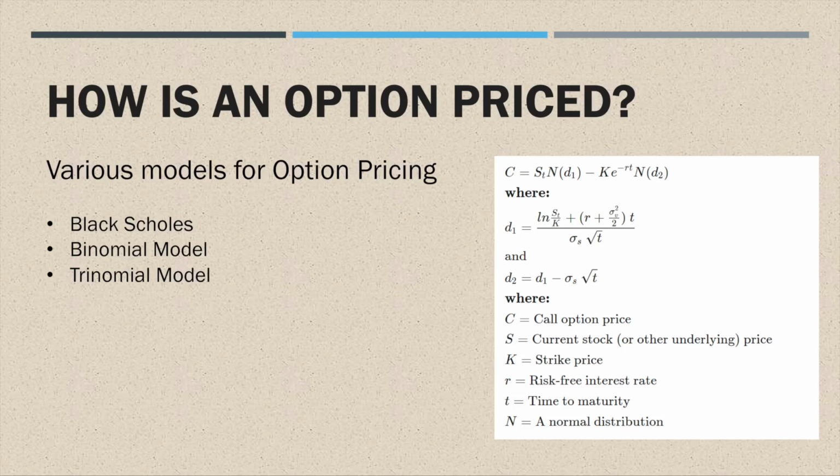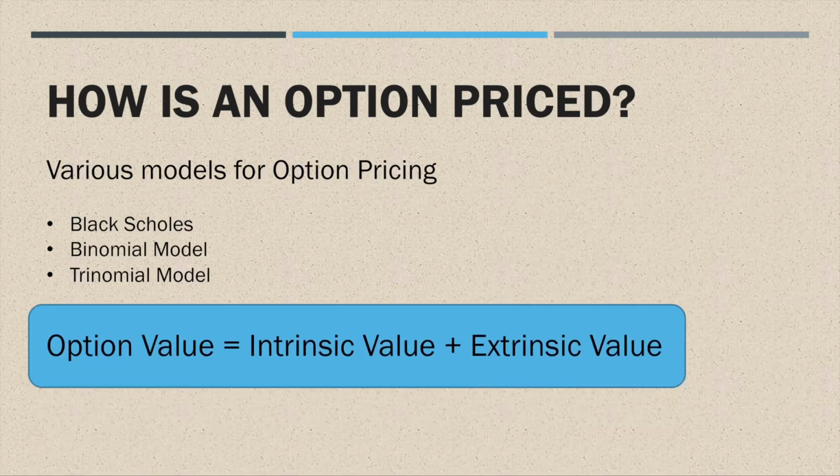And I have no desire to go into the technicalities of explaining how this works. What I'll do instead is focus on a really simple way of explaining how an option is priced. For all practical purposes, this is the only thing you need to know.